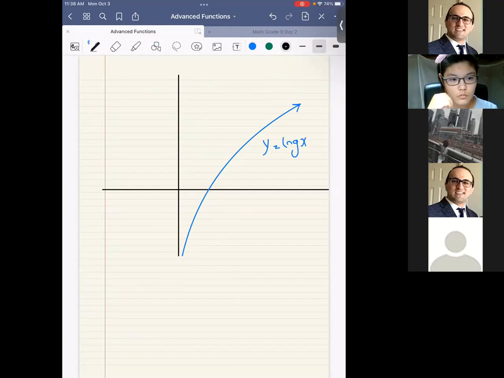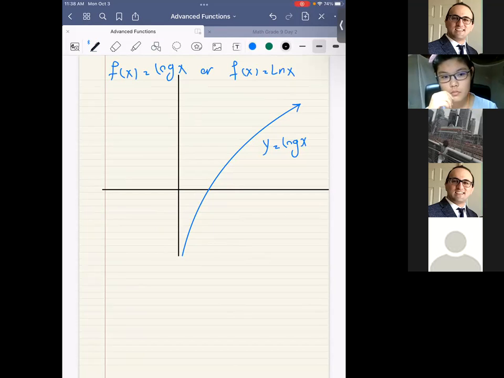So the range of f of x equals log x, or ln of x I mean, the range of f is just all real numbers.